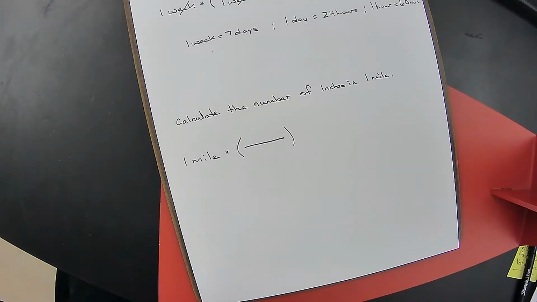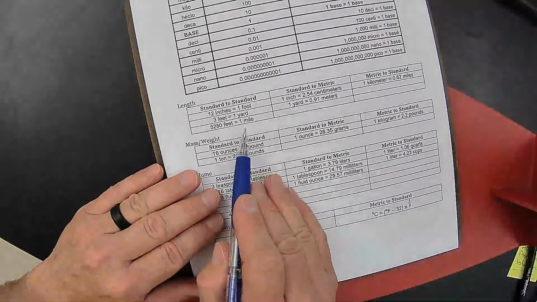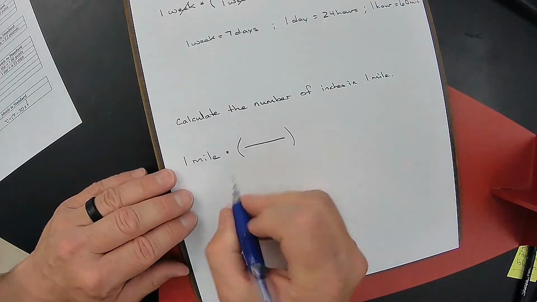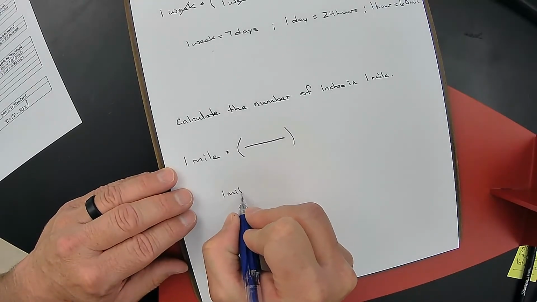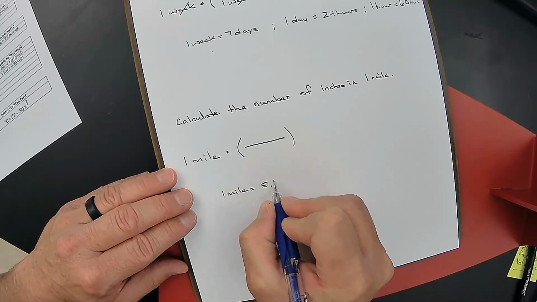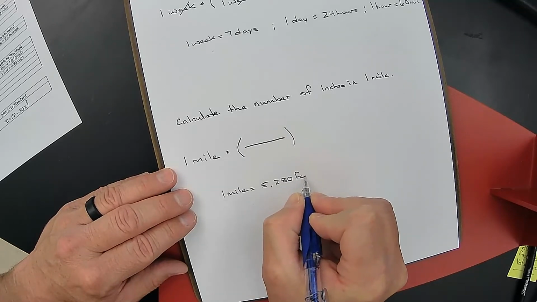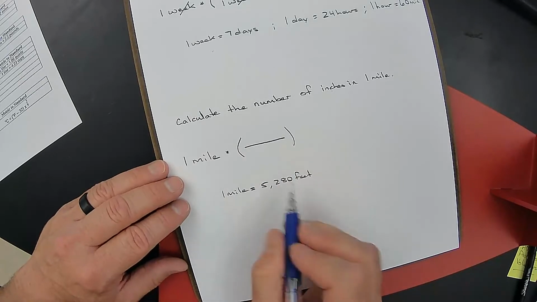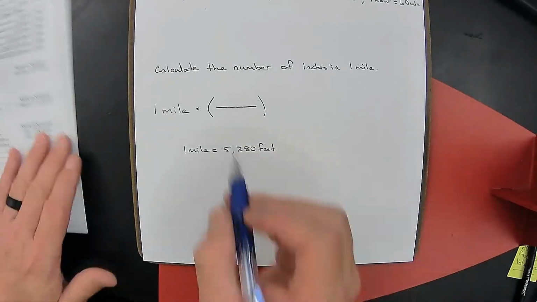But what I can do is look up, and here on this conversion chart it shows that 1 mile is 5,280 feet. So now I'm going to use this conversion factor and put it in here.